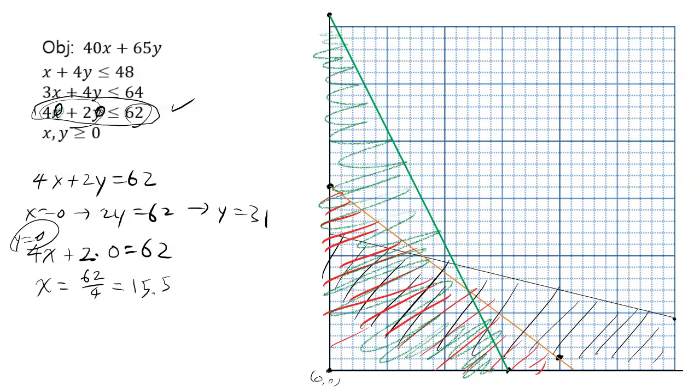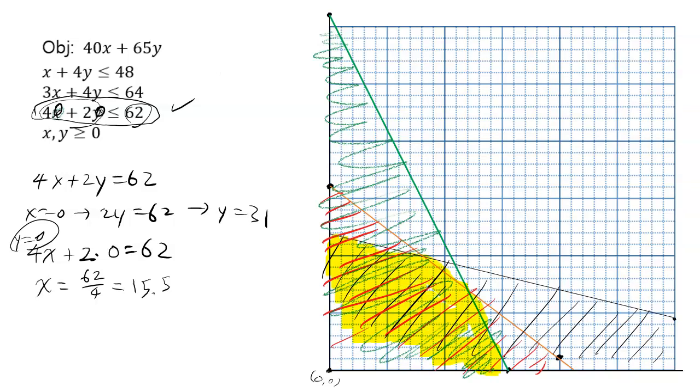Now that you have shaded all the regions, think about where all of these are overlapping, because the overlapping place is what we call the feasible region. The overlapping region would be right here.